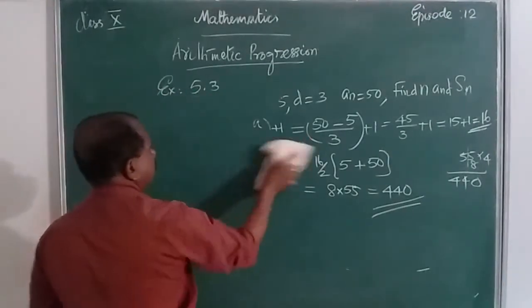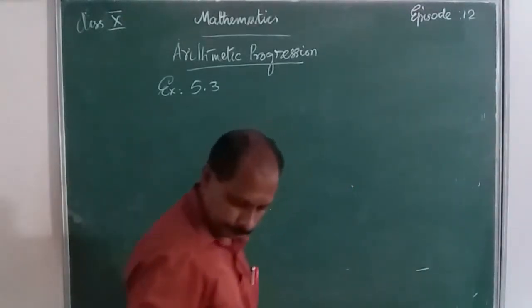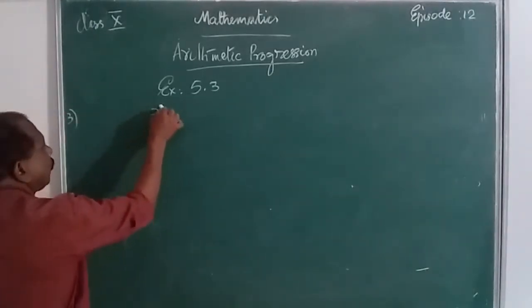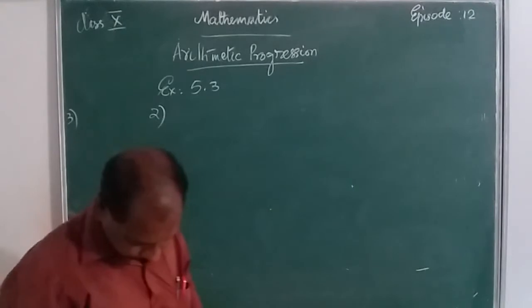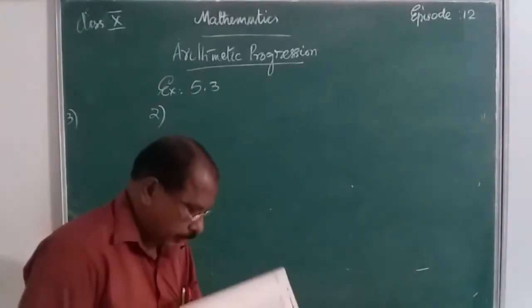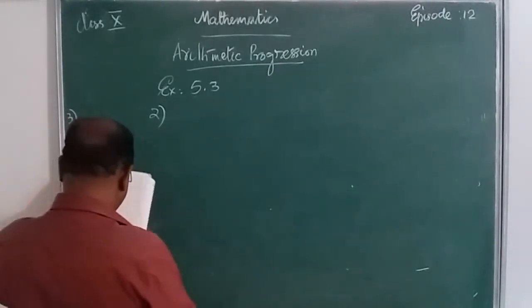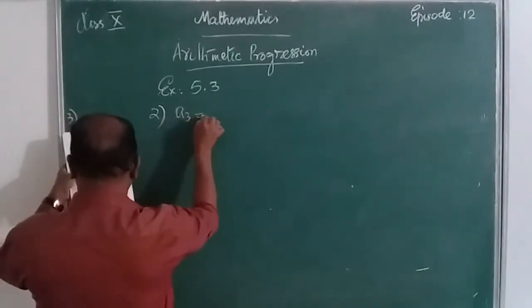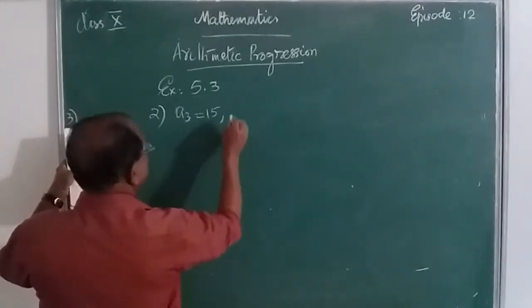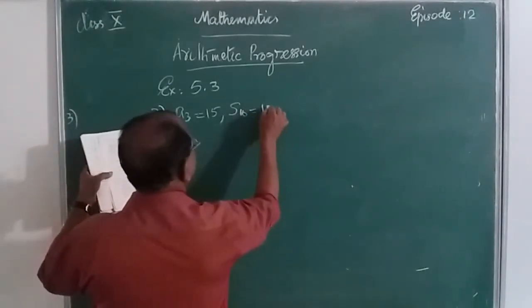Then second question of question number 3. Question number 3, second question. A3 is equal to 15. S10 is equal to 125.